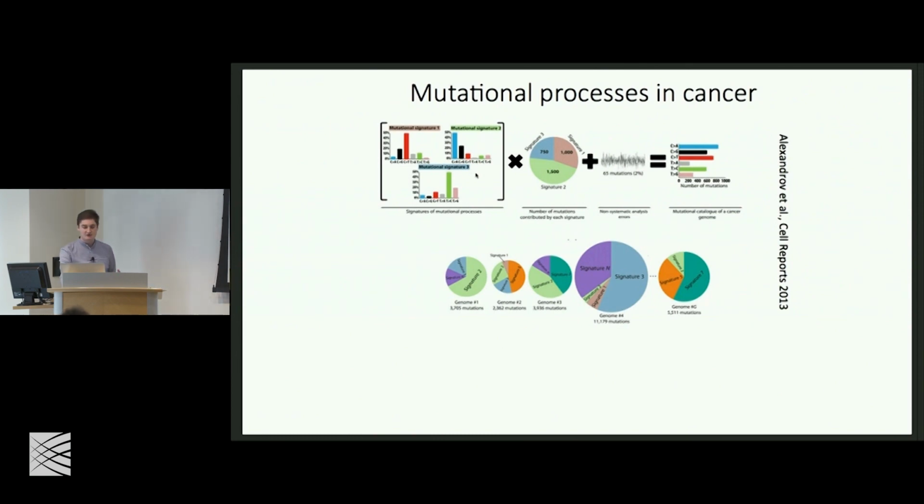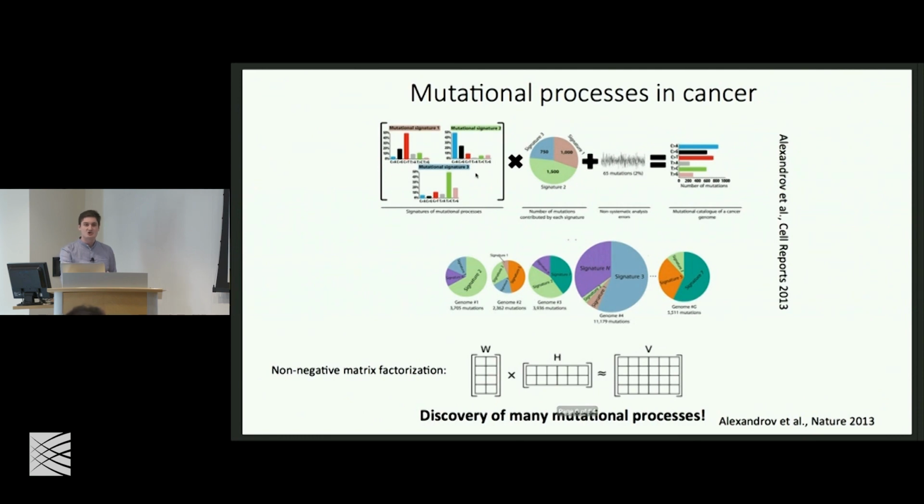The simple mathematical formalization is non-negative matrix factorization, where the matrix of frequencies of mutation types per sample is decomposed into a product of two low-dimensional matrices: the mutational spectra of the mutational processes and the intensity of these processes in tumor samples.